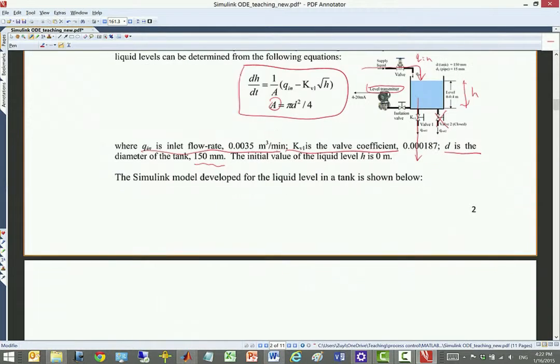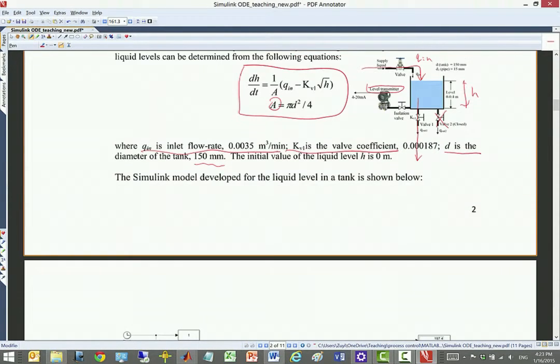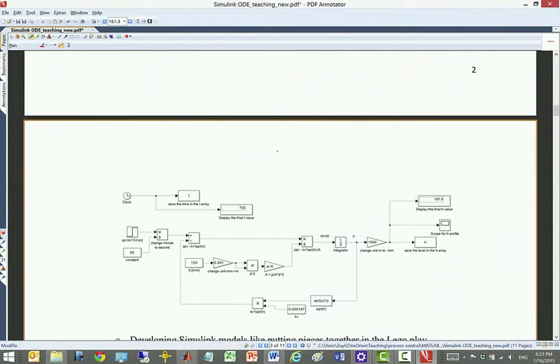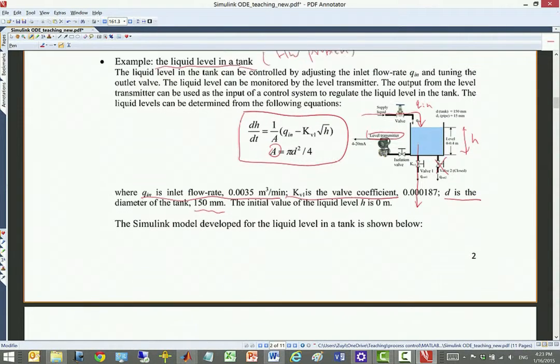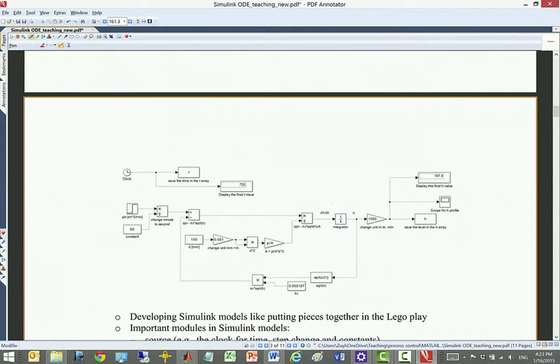I already built the Simulink model for you, and I just want to show you how to link the ODE model with the Simulink module. Here you can see the integrator. The output of the integrator is H, and the input is dH/dt.